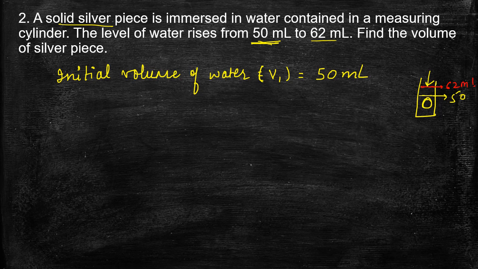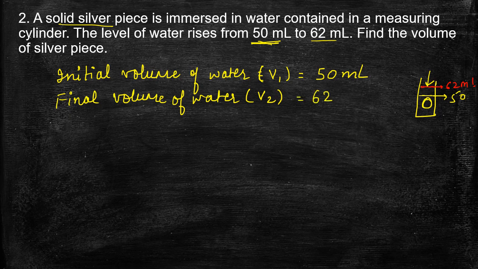So now the final volume of water, that is V2, it is 62 milliliter. We have to find out volume of silver piece.